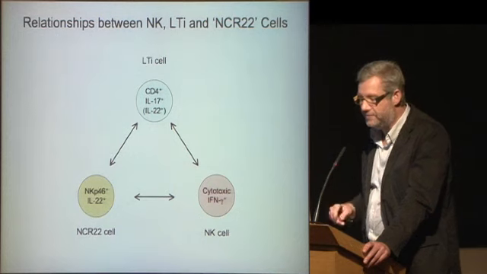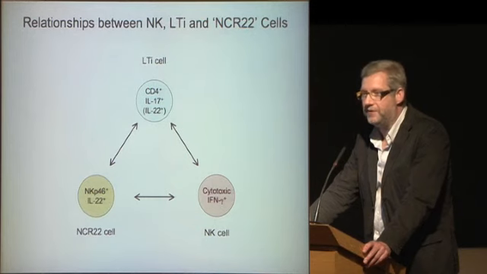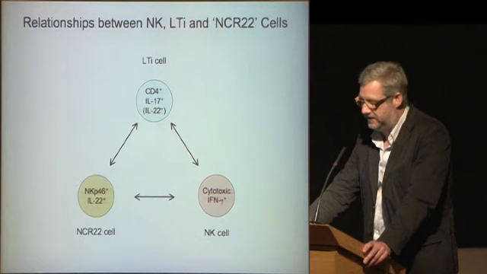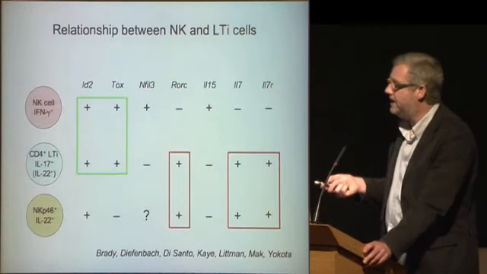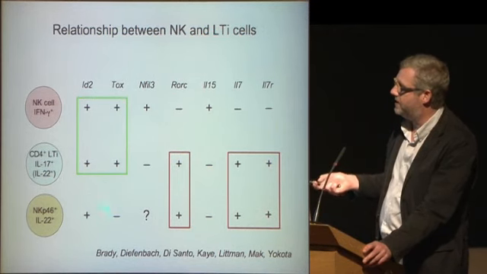So the question then becomes, are these cells related, and how are they actually derived? Do they have some plasticity in terms of their biology, or are these distinct subsets of different lymphoid lineage cells? Well, the NKp46 positive IL-22 producers also express ID2.